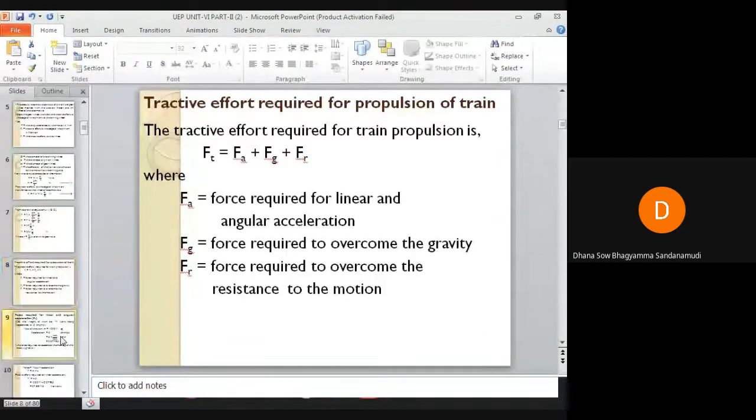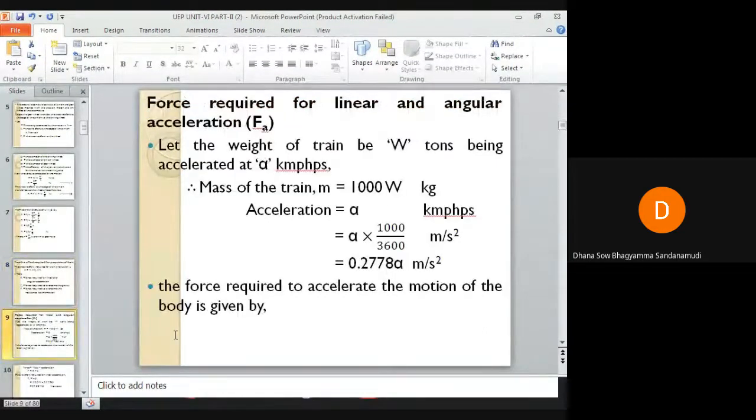So let us derive an expression for this force which is required for linear and angular acceleration, that is Fa. Let us assume the weight of the train is W tons, and the train is being accelerated at alpha kilometers per hour per second.